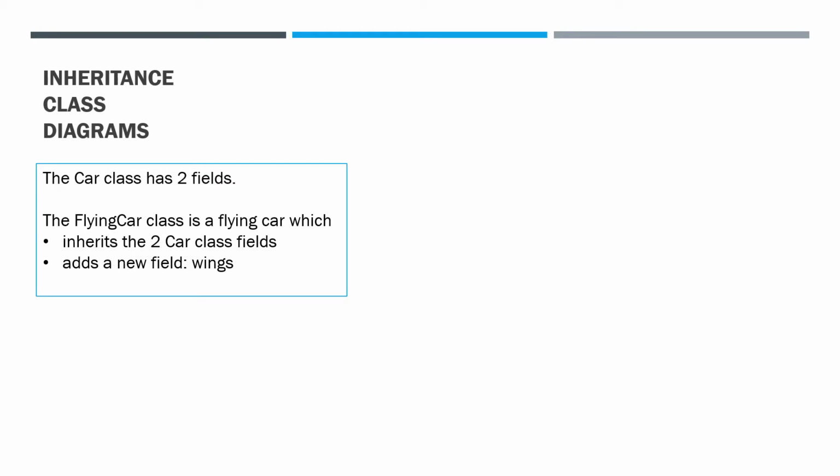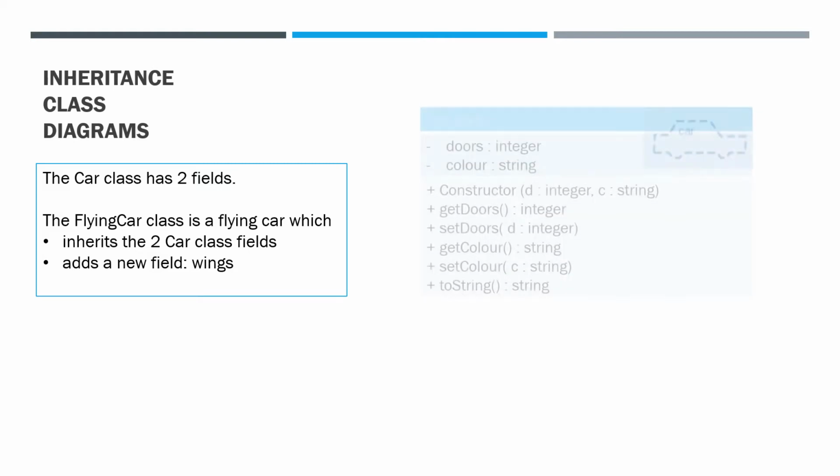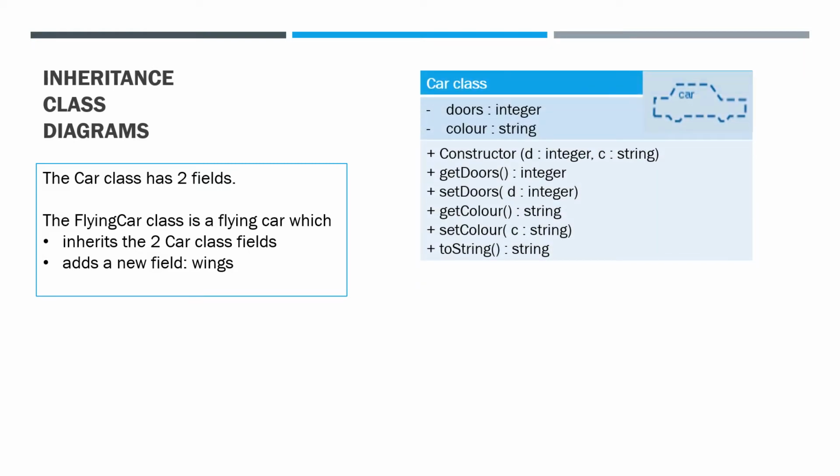So if we look at class diagrams, how it will work, our car class has got two fields. So here's the car class. The two fields are the doors, which is an integer, how many doors it's got, and the color of the car, which is a string, and then all the little methods that belong with it.